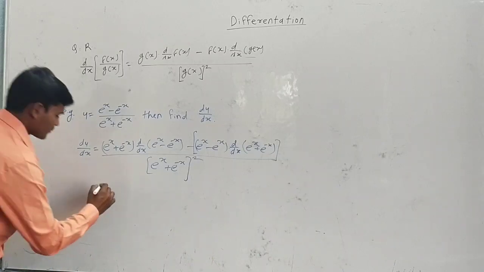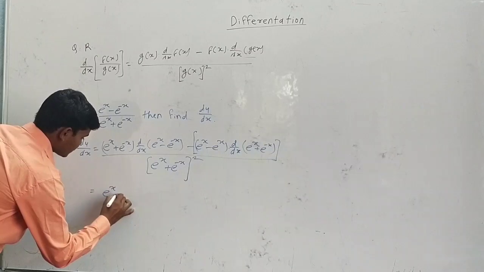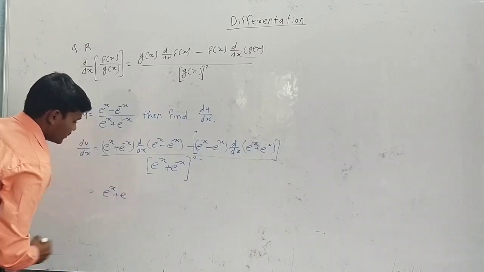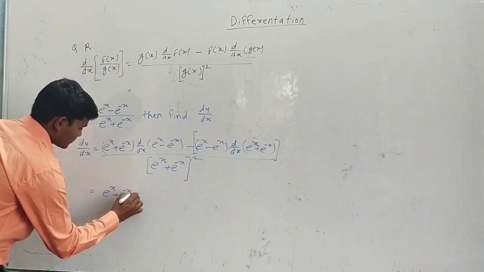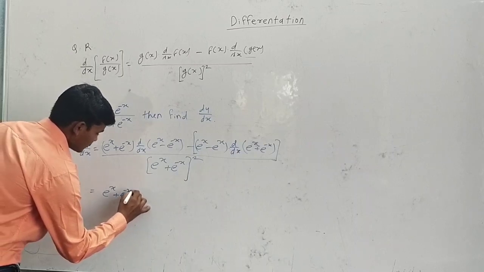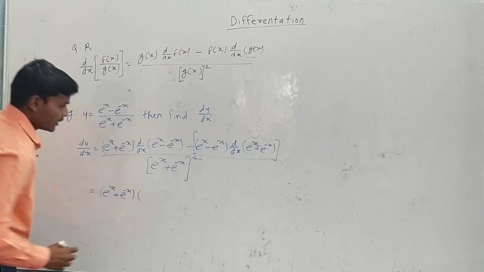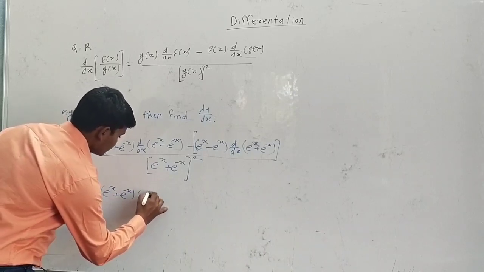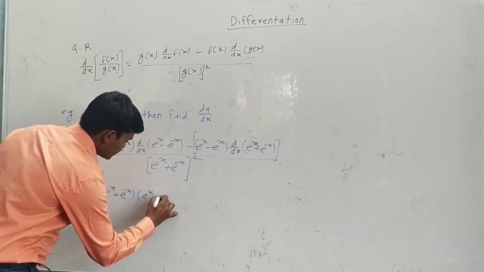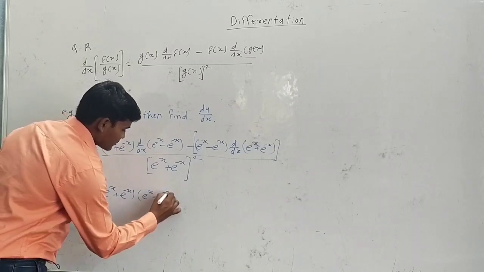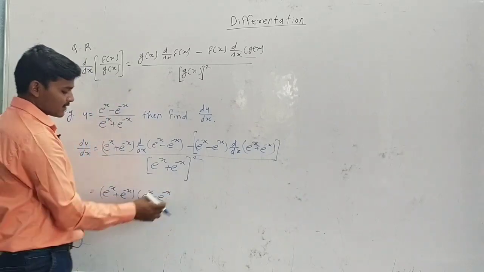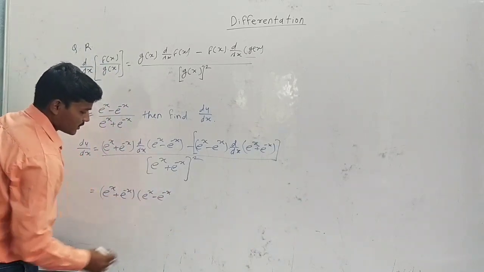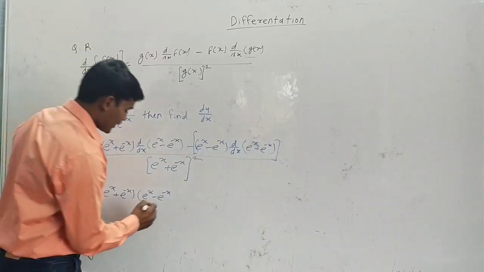Now e raised to x plus e raised to minus x into e raised to x minus e raised to minus x, and minus x is not a standard function, so the derivative of minus x is minus 1.